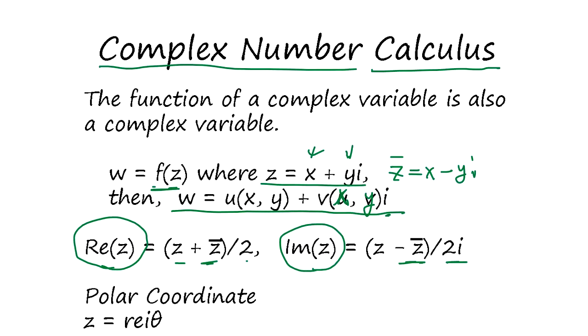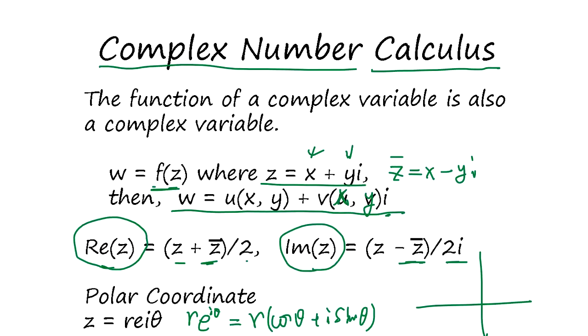The polar coordinate form is z equals r e to the i theta, which is r cosine theta plus i sine theta, right? So it's like x, y, and you have r and theta.